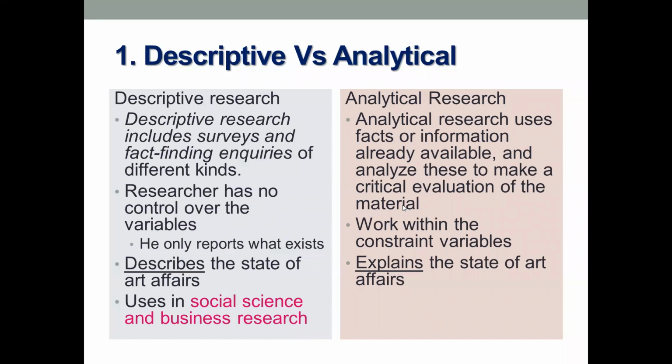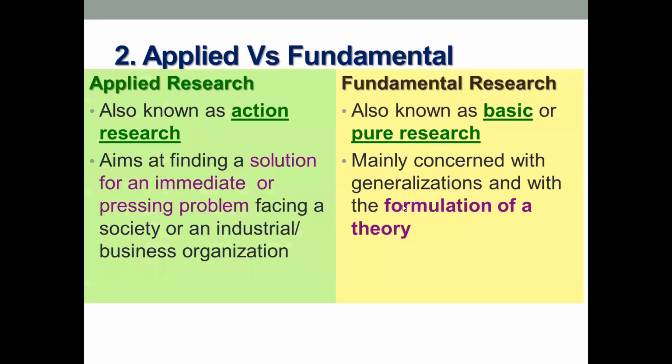Okay, what people say here, you can really identify what is the reason. So this is the basic differences between descriptive research and analytical research. This why I said these are having opposite relationships. Next one, applied research and fundamental research.